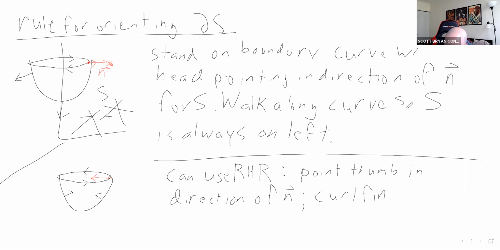This really only works if you have one boundary surface. If you have more, it's not going to work so well. It's usually going to be the case that you just have one boundary surface.